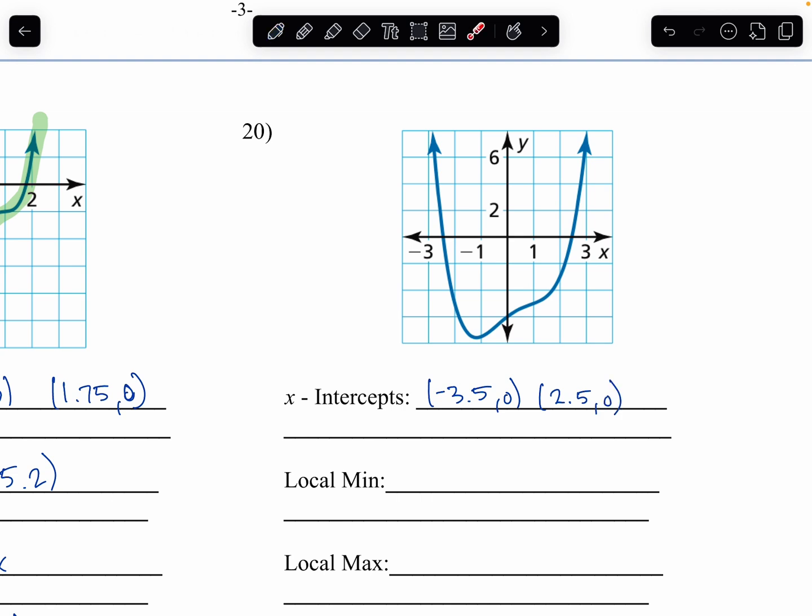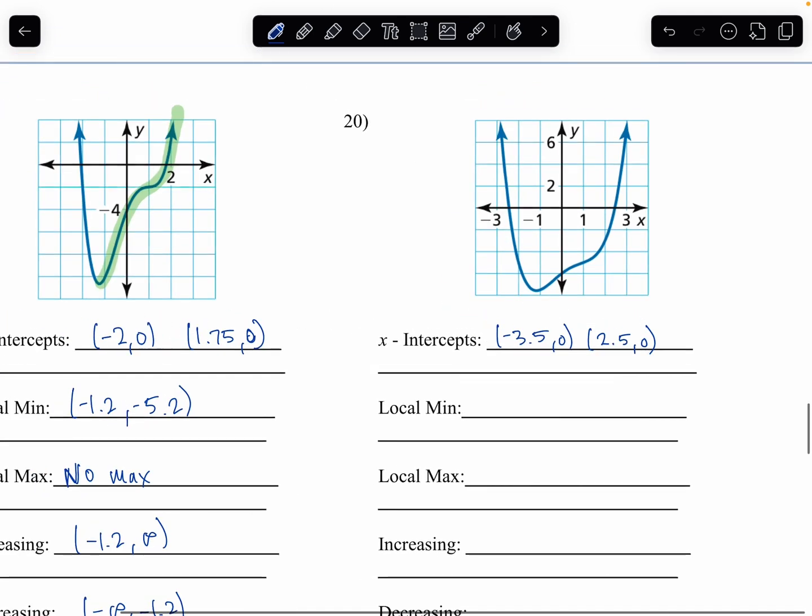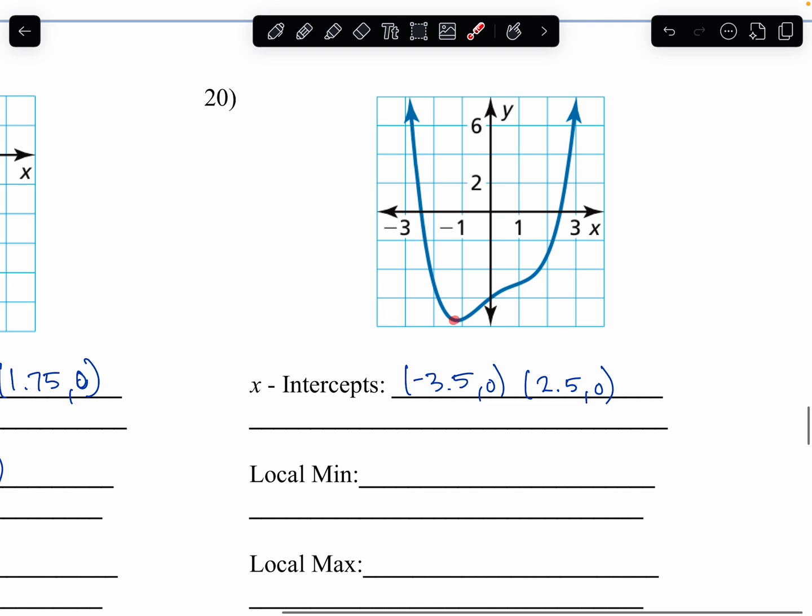Local maximum. Again, I don't think there is, or sorry, local minimum. Local minimum is right here. So that's going to be negative 1, negative 2, negative 3, negative 4. So maybe negative 3.75. Oh, that would be for the y, sorry. Negative 3.75.